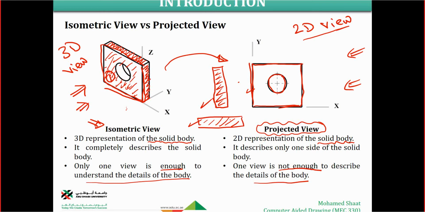But generally, for any object, the projection is just like taking a picture of this object from a certain angle. You can take this picture from any angle, whatever it is. So the number of projected views for any object should be infinity, because I could look at it from any angle.